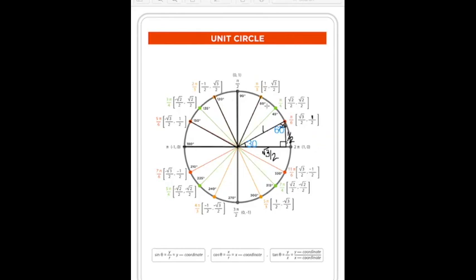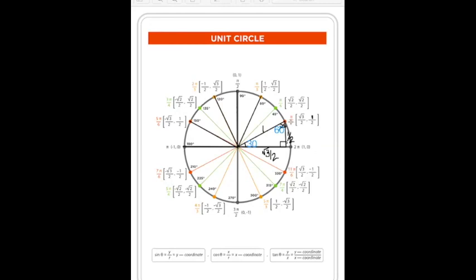So we know that 180 is a whole pi. We've split this pi into 1, 2, 3, 4, 5, 6 pieces. So each piece is 1/6. So if we were to count by 1/6, we can find these radian measures without having to multiply by pi over 180. So this is 1/6 of the pi.